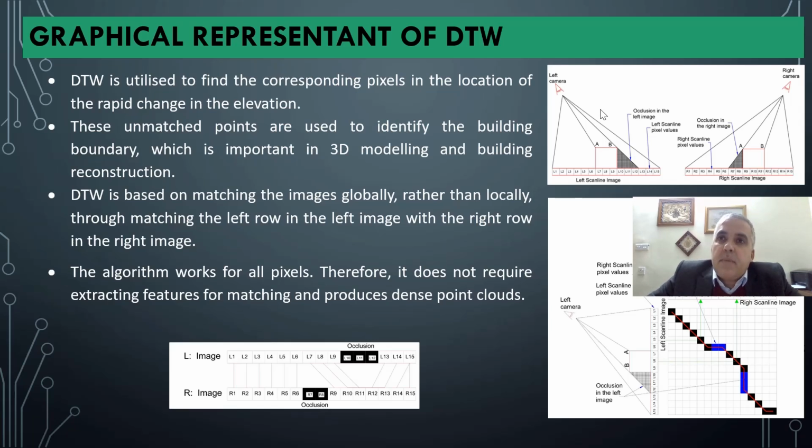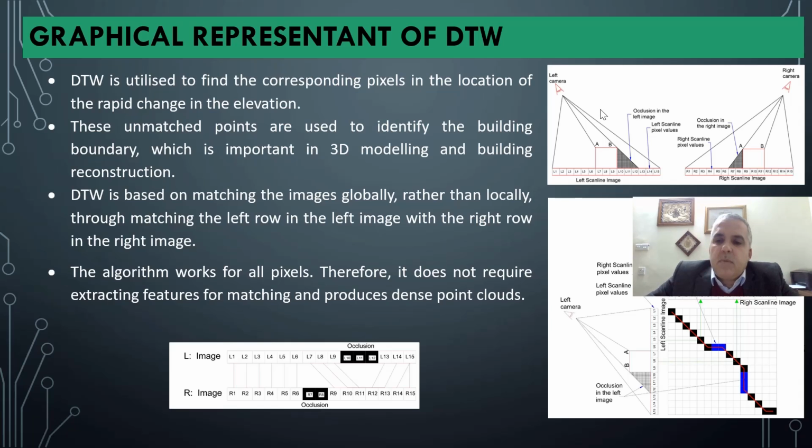The occlusion happens when there are depth discontinuities or a change in the height. As you know, if there's a building, there will be the ground and a sudden change at the boundary of the building or at the wall area. Therefore, this will be occluded in one of the images.